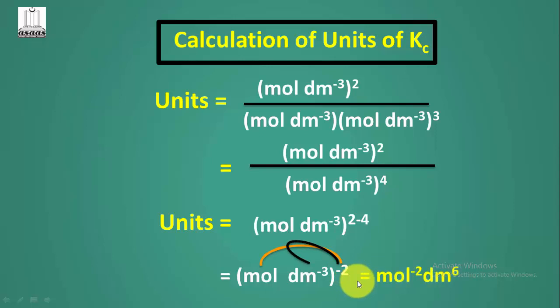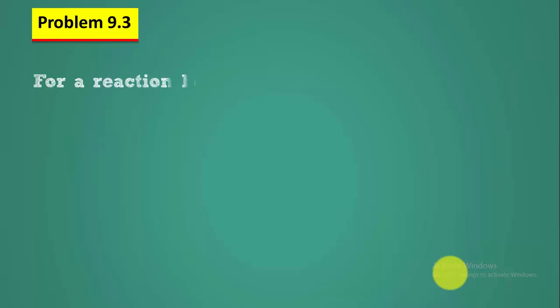So multiply minus 2 into mole and then minus 2 into decimeter cube. So the value is equal to mole minus 2 dm to the power 6, which is the unit of this Kc. So there is no need to write this calculation in the numerical, but you have to do it manually on your own and write the unit mole minus 2 dm to the power 6 in front of the Kc answer.